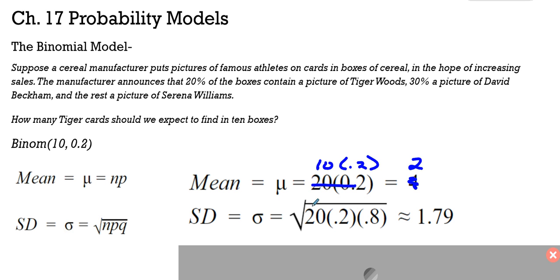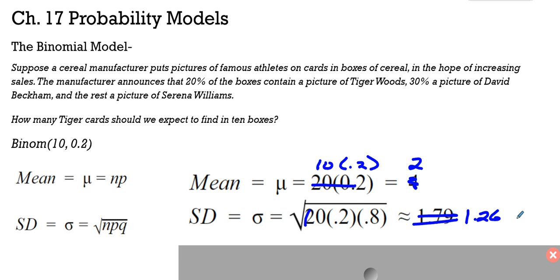Probably, right? 10 times 0.2 times 0.8, 1.26. Sorry about that. Must have had a different problem in there at some point. So we would expect there to be 2 successes if we bought 10 boxes, and that makes sense with the standard deviation of a little over 1.25.